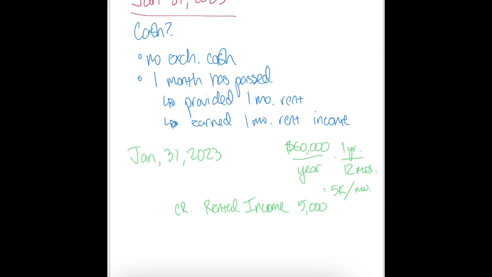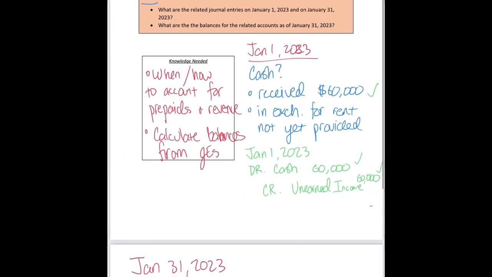Great, I've set up my rental income. Well, I can't just have one side of a journal entry. There must be something else that balances this out. And let's think about this. Well, if what I did with our first journal entry is to say, hey, I am putting together a journal entry that says I now have a liability for $60,000 as of the beginning of the year.